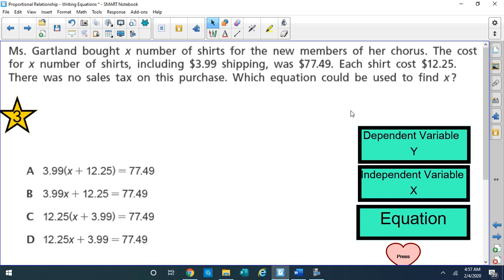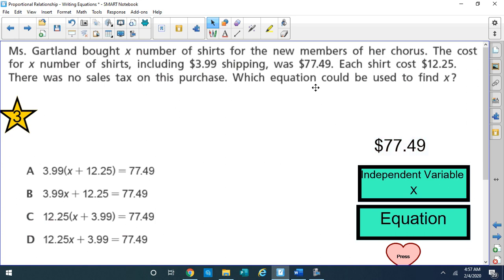So our dependent variable would be Y, because Y depends on the number of shirts you buy. So our dependent value would be the $77.49 because it depends on how many shirts you buy. So that means X, the number of shirts, which costs $12.25, would be our X value.